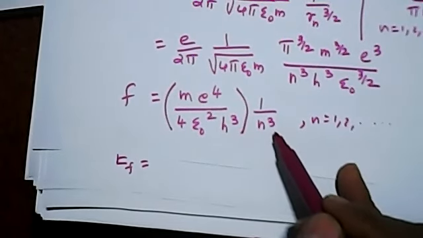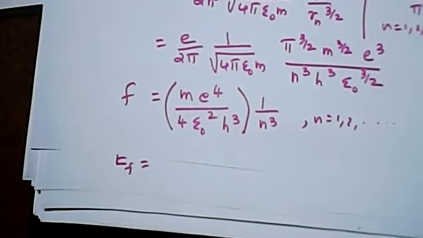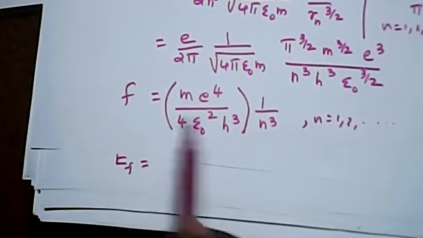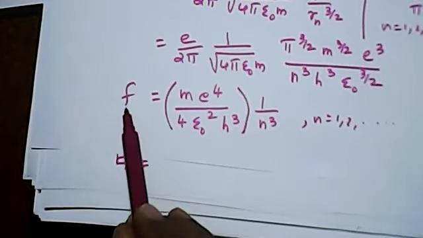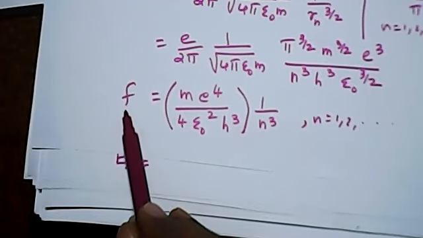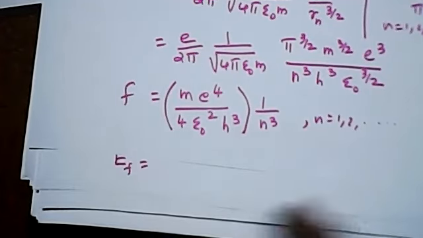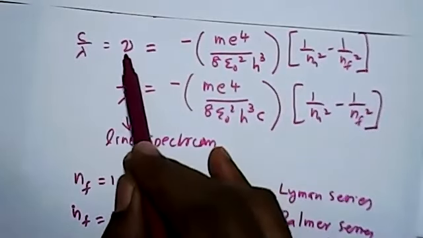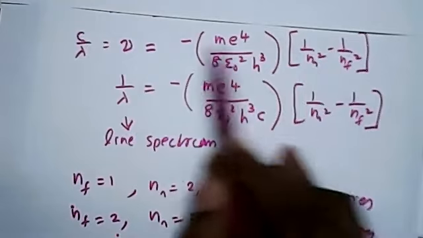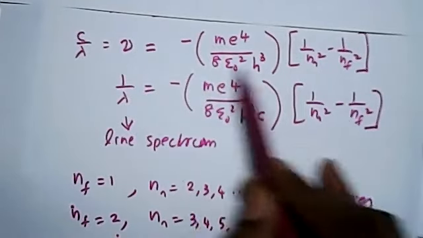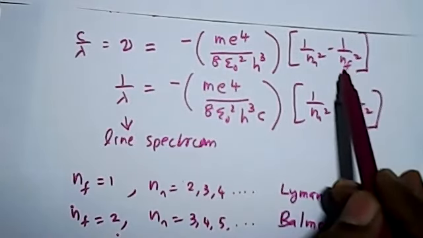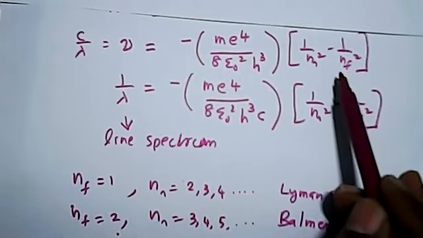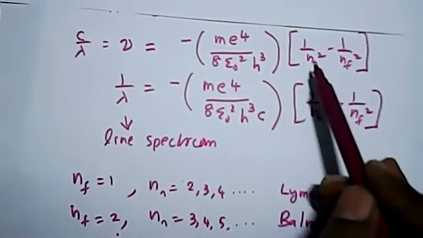Now we have already found an expression for the frequency of the emitted radiation earlier. It is this one, I will just show you. See, this is the expression for the frequency nu, which is emitted during the transition from a higher orbit to a lower orbit.